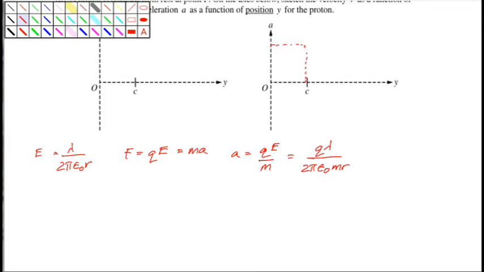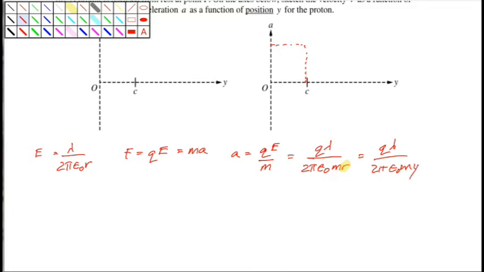So there's an initial value associated with that force that exists at r equal to c, but we see that as r increases, or in this case y, because this is going to be along the y-axis, so let's rewrite that here, a is equal to q lambda divided by 2 pi epsilon naught m times y.